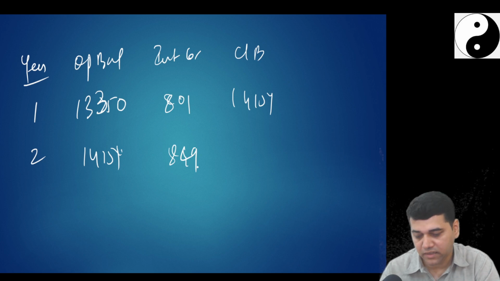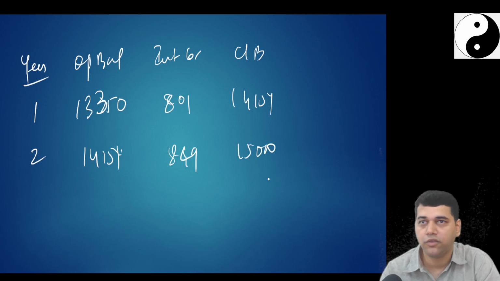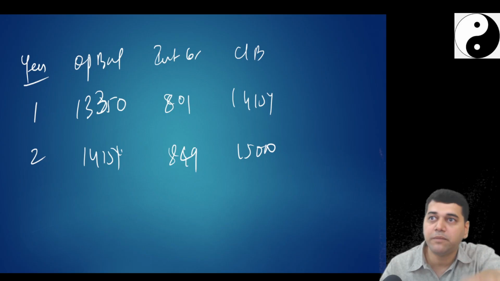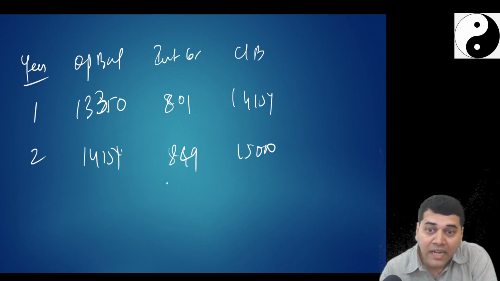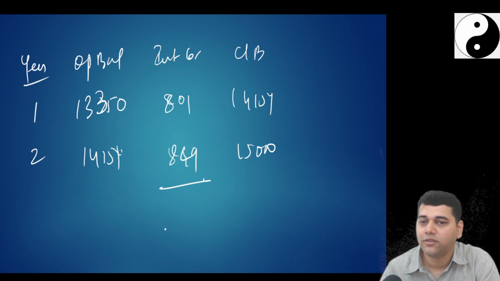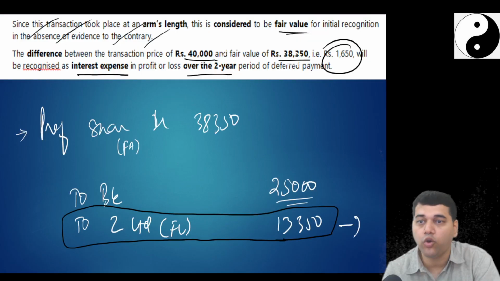So when I add 14,151 plus 849, how much I will get? 15,000. Followed? And at the end of the year, I will debit the liability account, credit bank 15,000. Now add the interest for 2 years, 801 plus 849, you get 1,650. This is what they have told here.